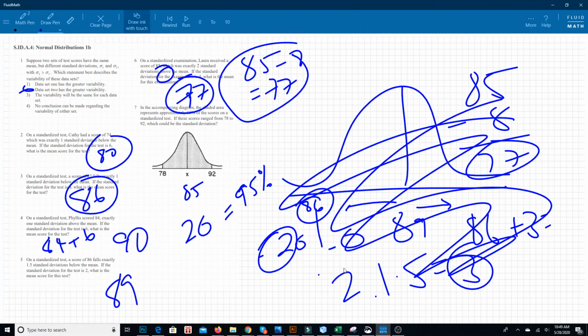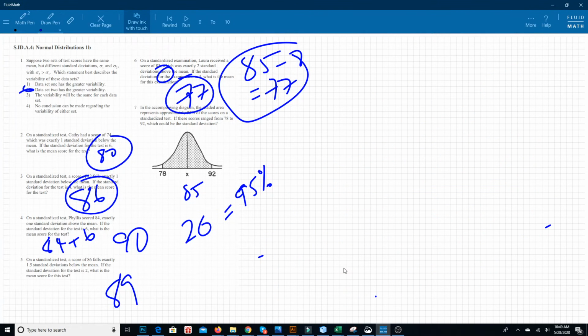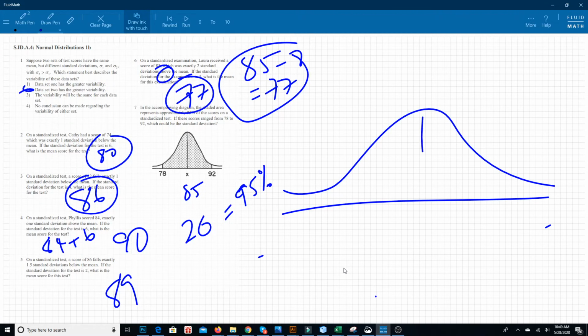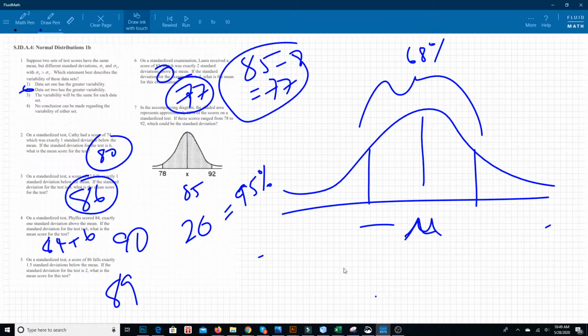Let me solve this right here to show you guys. So this is a normal curve distribution. This is what test scores would be. So if we're looking at right here, say this is your mean mu, 1 standard deviation from the mean, so from here to here, means 68%. Right? Now 2 standard deviations.